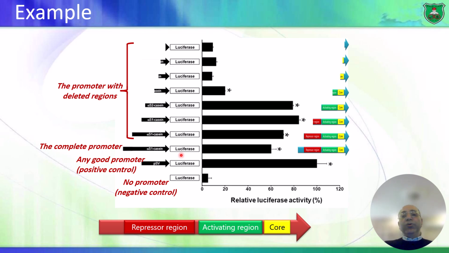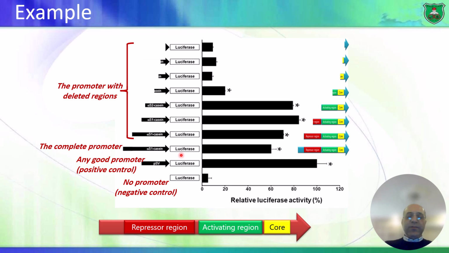Now, I have to have controls. I have to have things that either work or do not work, so that I can compare my experimental DNA with the controls to make sure that the conditions of my experiment are fine. So I create negative controls and positive controls.